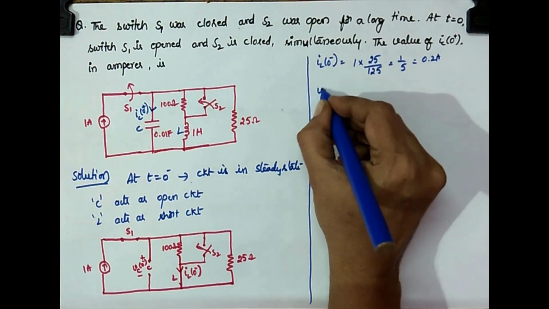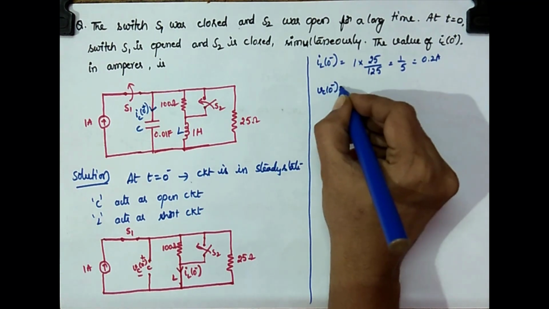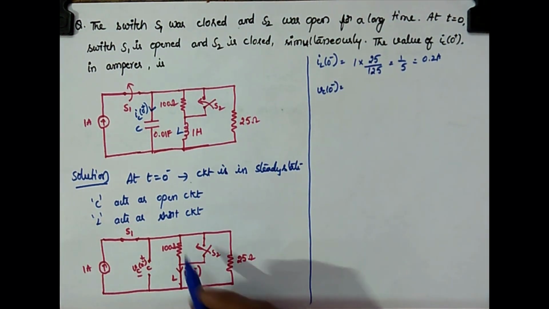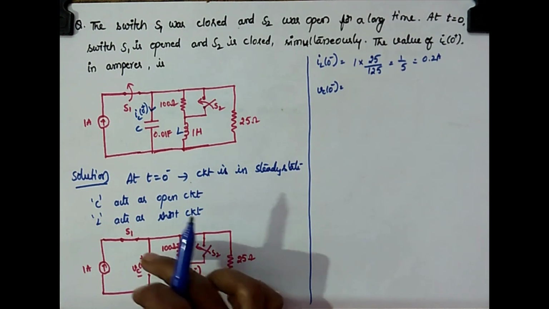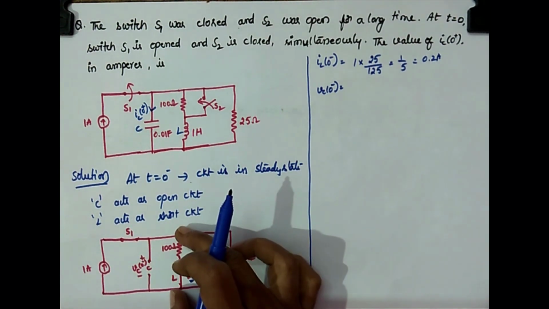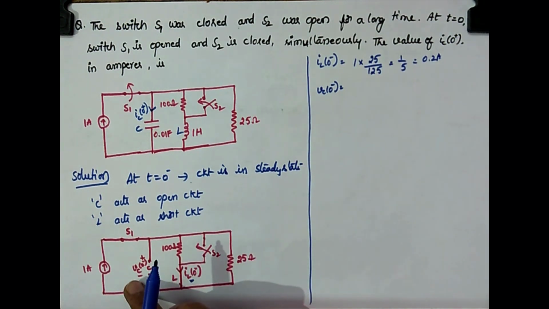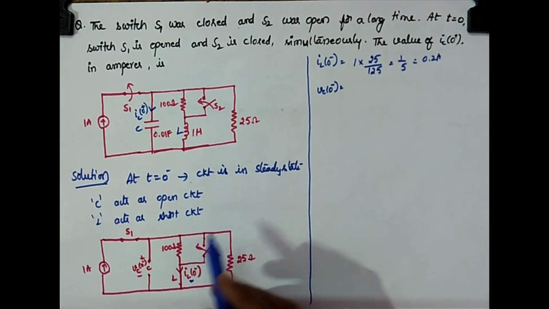What is VC(0-), meaning the voltage across the capacitor C? See here, this IL(0-) is flowing through the 100 ohm resistor. If you observe, the open terminals are across this resistor. The voltage across the resistor is nothing but the voltage VC(0-).